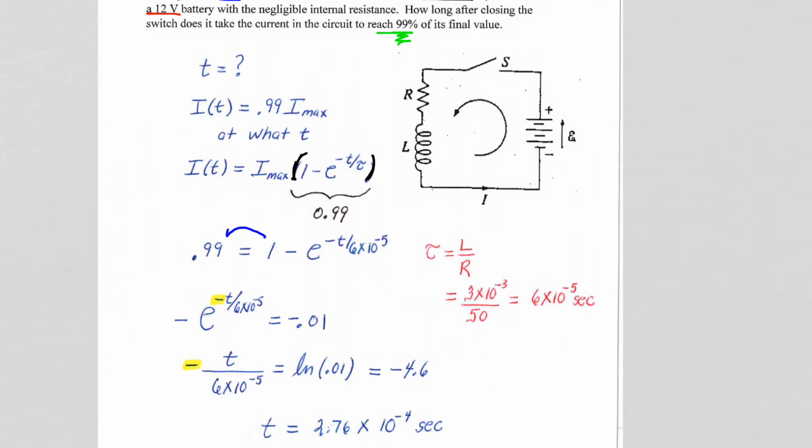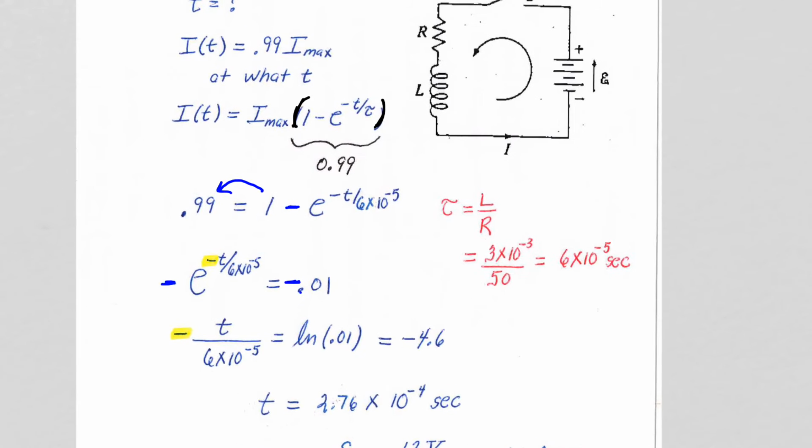When the 1 comes over, we get minus 1 plus 0.99 gives us minus 0.01. The negative here remains with the e, so we lose both of those negatives, but when we take the natural log of both sides. Remember, natural log is base e, so when we let natural log operate on both sides, natural log of 0.01, remember we lost the negative from above.